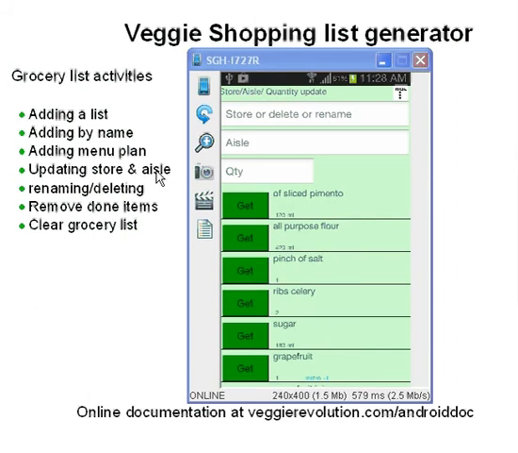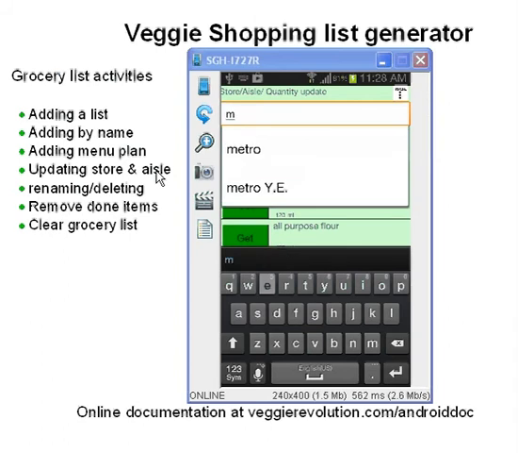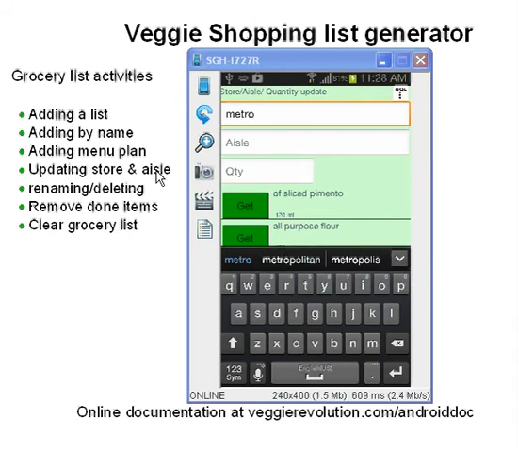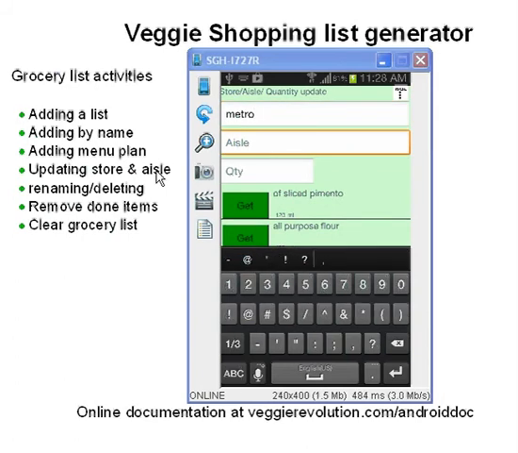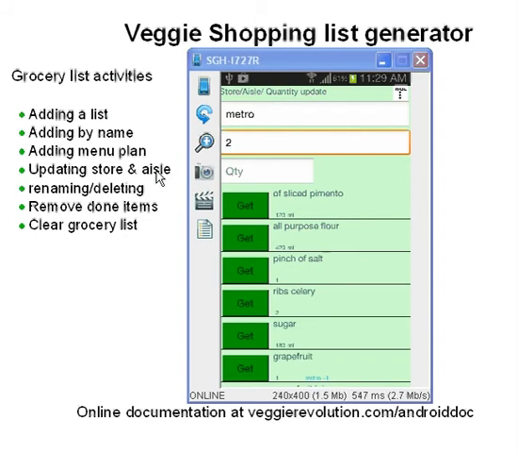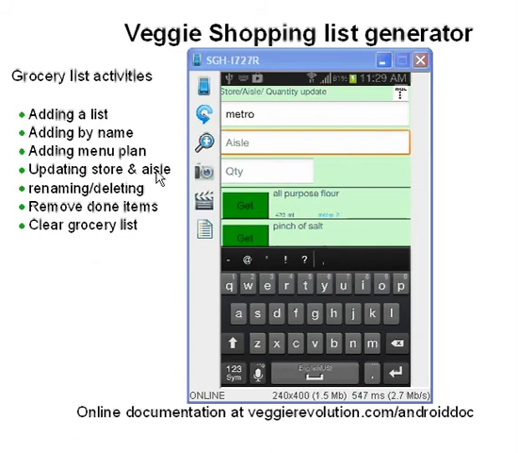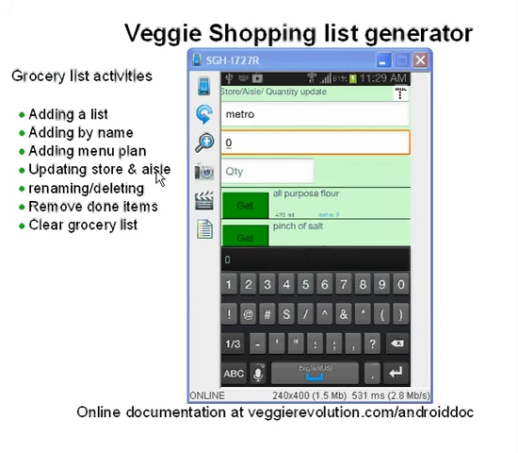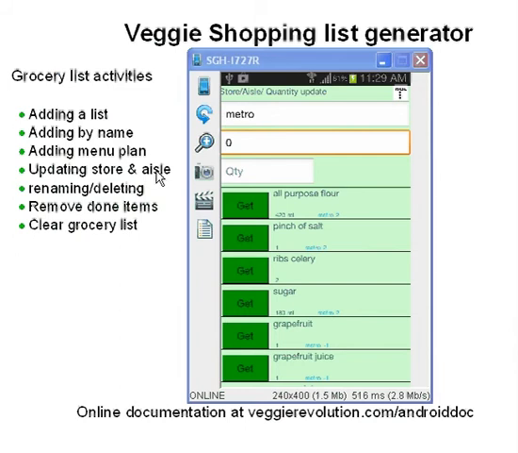Most of them are in Metro, and some are spices, which I know are always in aisle 2, so that's where the flour will be, the salt, the sugar. And celery would actually be in aisle 0, which is what I use for the open area where they have the fruit and vegetables. So here celery is now aisle 0.